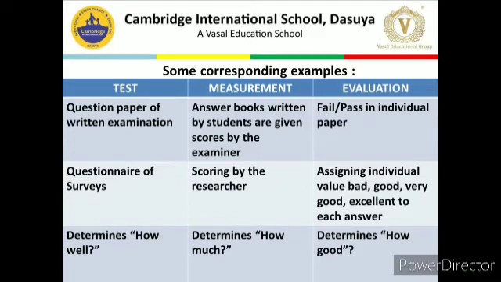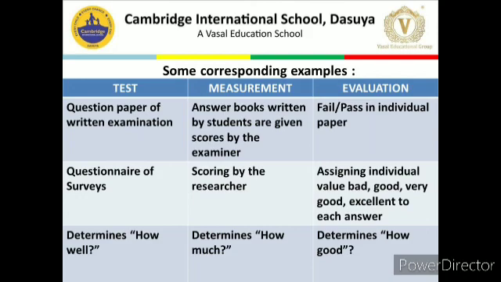Some corresponding examples for test, measurement, and evaluation. First, test: question paper of written examination. Measurement: answer books written by students are given scores by the examiner. And evaluation: fail or pass in individual paper.